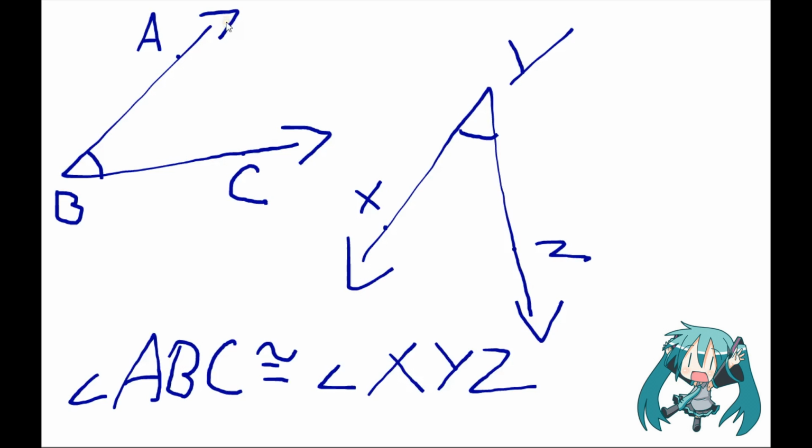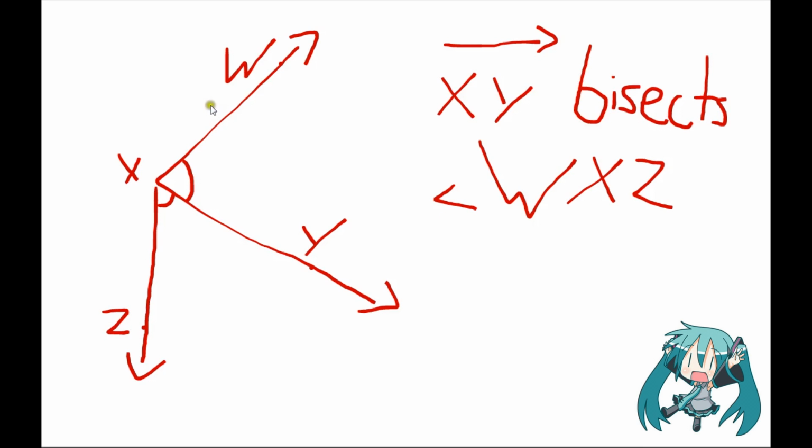Now, let's move on to congruent angles. If you see this part of a circle, that means that the angles are congruent. So angle ABC is equal to angle XYZ. When you denote that something is congruent, you use this symbol. So now let's continue on with congruent angles.